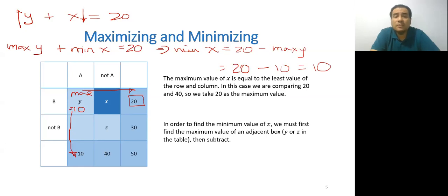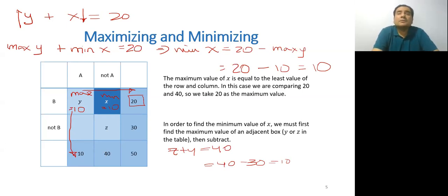So the minimum value of X equals 10 as well. You can do that also using the box Z, because Z plus Y should be 40. You can maximize Z, find its max value 30, and then subtract: 40 minus 30 equals also 10. All right.